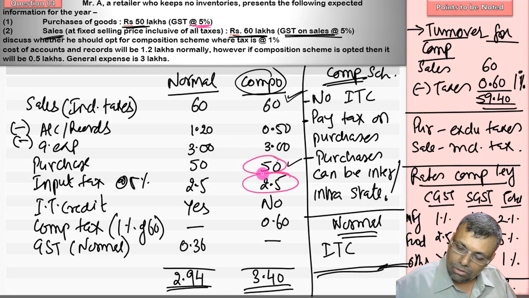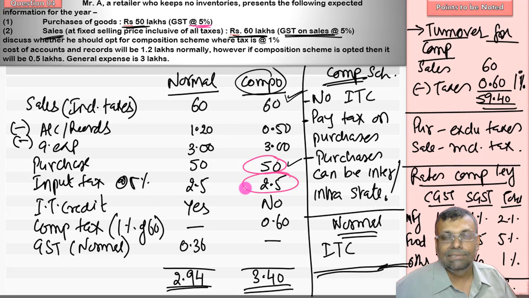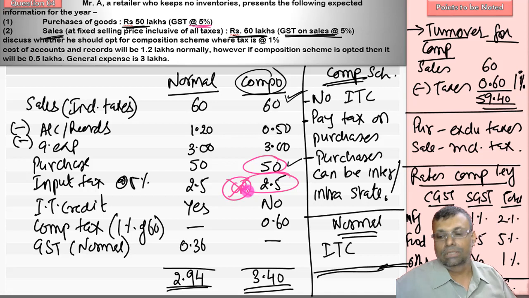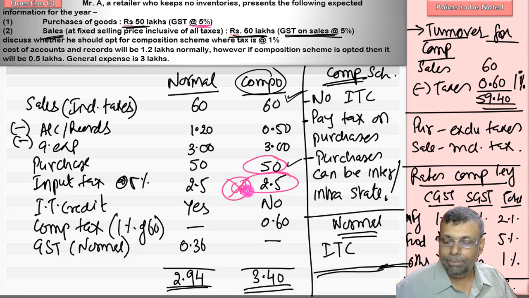This is your input tax which you have to pay, but you will not get a credit for this amount. You will of course have to pay, so it is going to be your cost, and you are not going to get any input tax credit for that money. I have already noted this, and this is the main point.